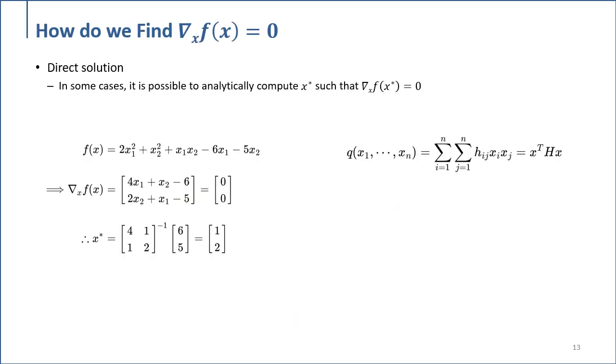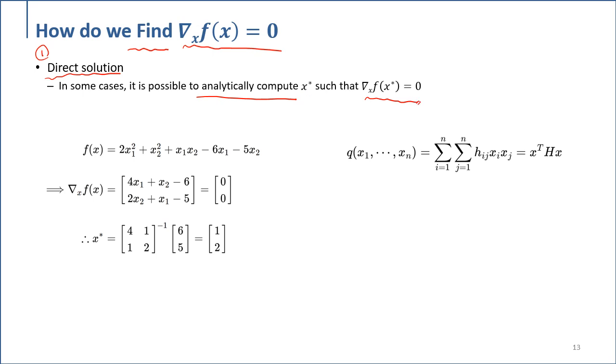From now on, we are going to learn how to find the point where the gradient is equal to 0. The first case is getting a direct solution. In this case, we are able to analytically compute where the gradient is equal to 0.